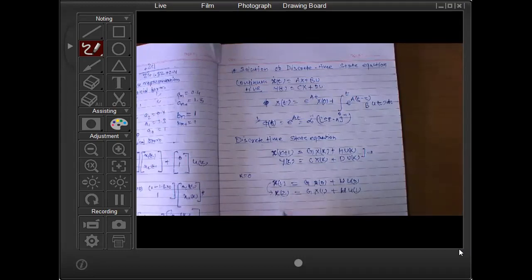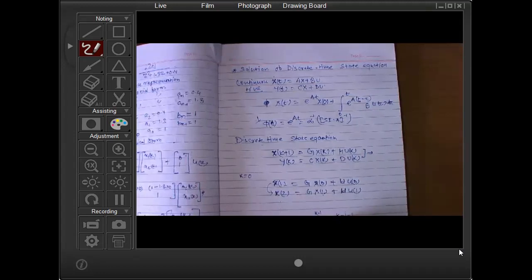In this way, if you write the equation, then the solution of the state variable in discrete time is equal to G to the power k x(0) plus summation j is equal to 0 to k minus 1 of G to the power (k minus j minus 1) H u(j), where k is equal to 1, 2, 3, and so on.